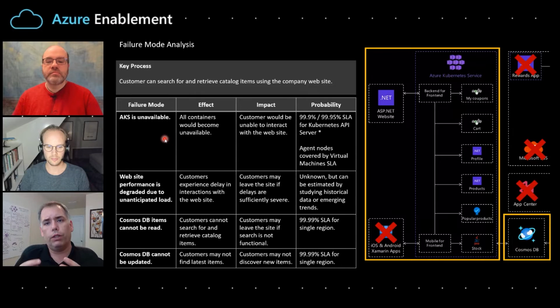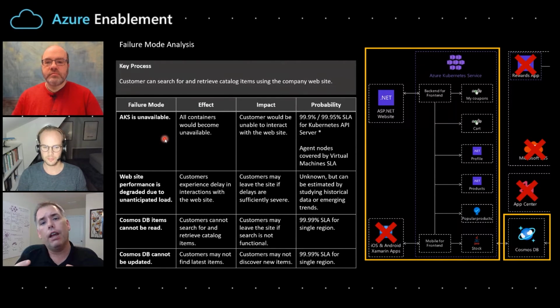So this is a version or a SKU of the product that you have to opt into to get this SLA. We'll come back to that in a moment, but outside of the control plane, within our Kubernetes cluster, really the heart of what we're doing is running workloads on virtual machines. And those virtual machines within a Kubernetes cluster are covered by our regular SLA for virtual machines. And so we'll come back to that.